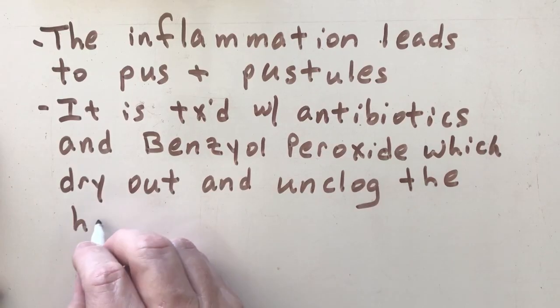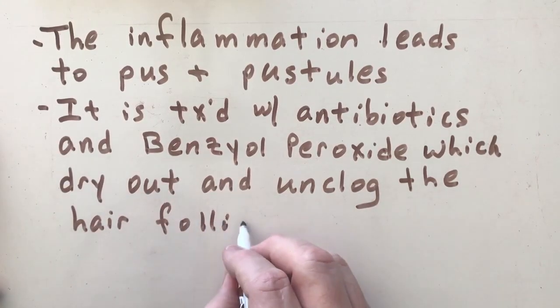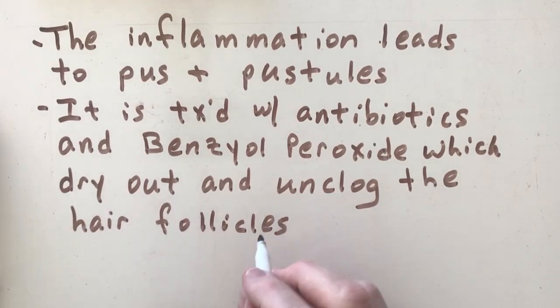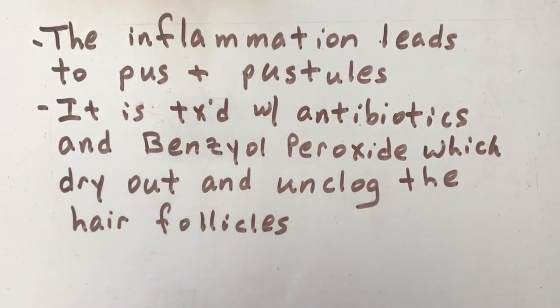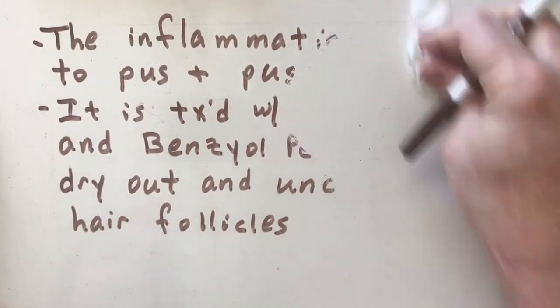And if I can do that, then I don't have the acne anymore. All right, so it dries out the hair follicles. Okay, that's inflammatory acne. And then the last type of acne we're going to talk about is called nodular cystic acne, which is severe acne.